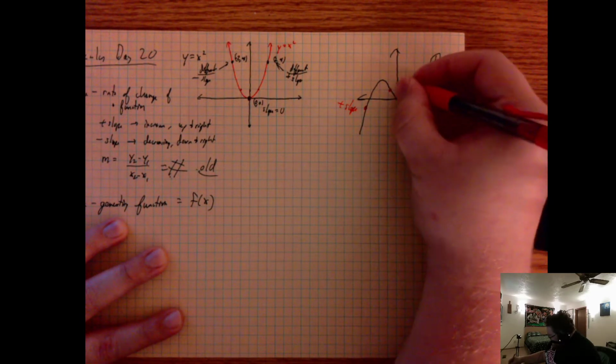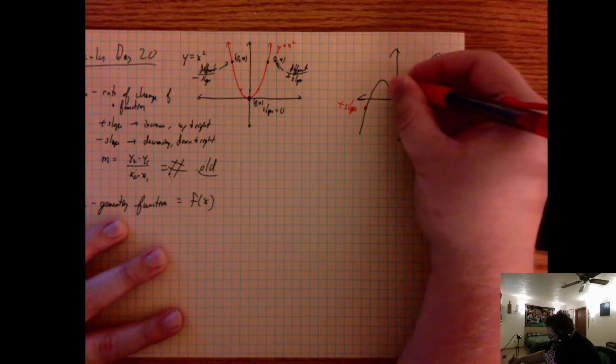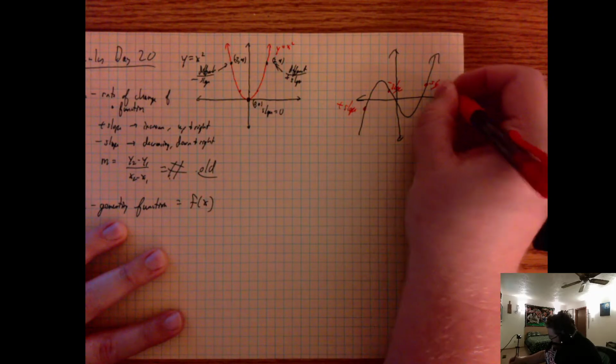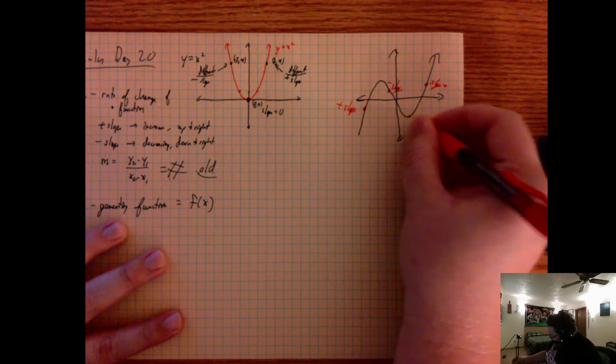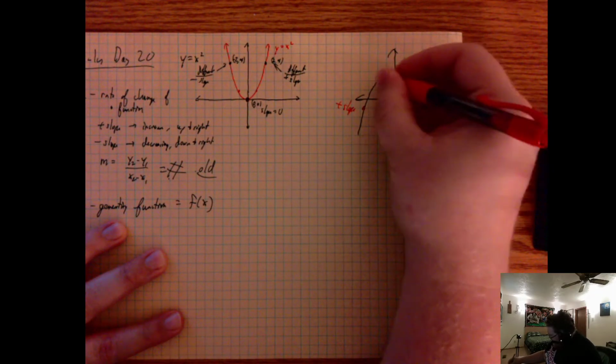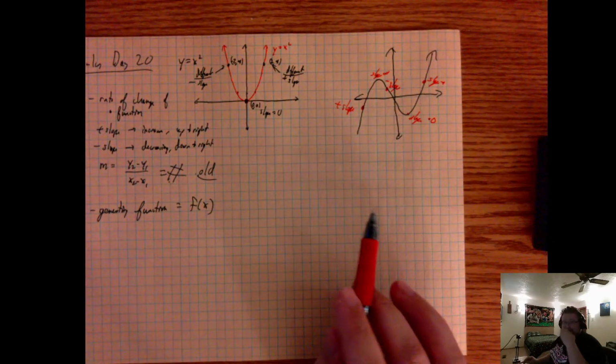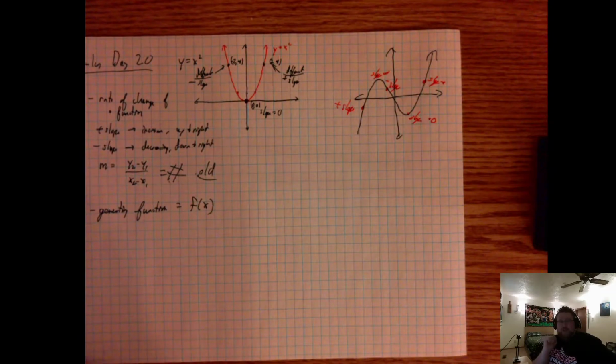At this dot, my slope would be negative. At this dot, slope would be positive. Here, slope 0. Here, slope 0.